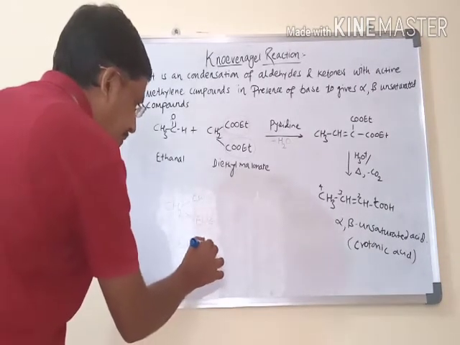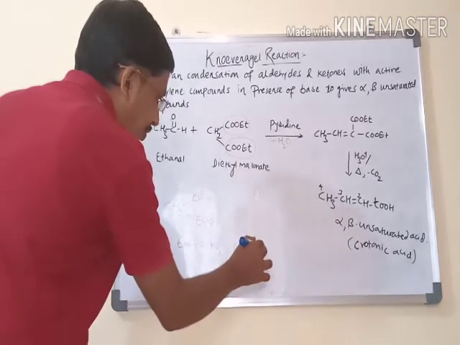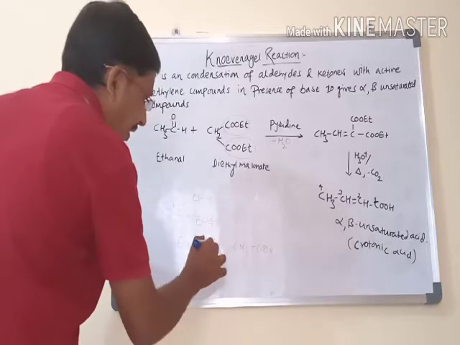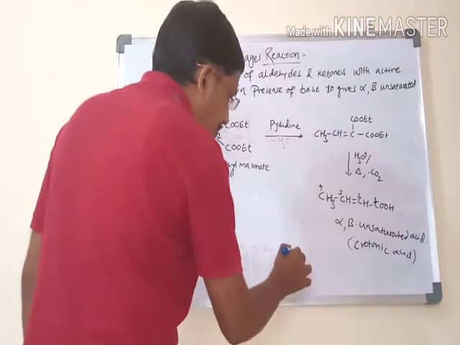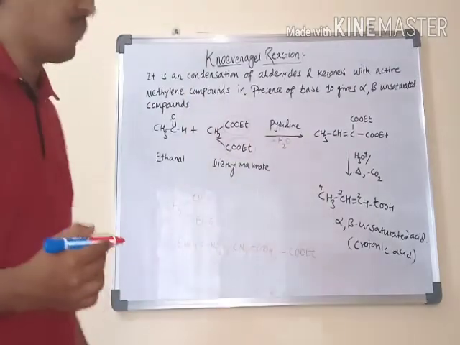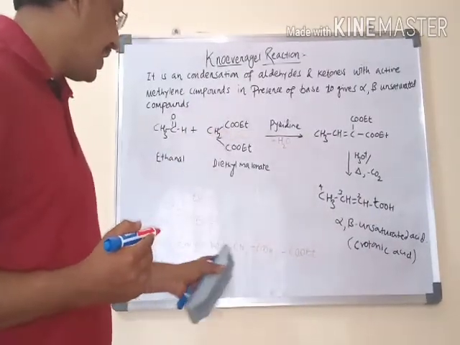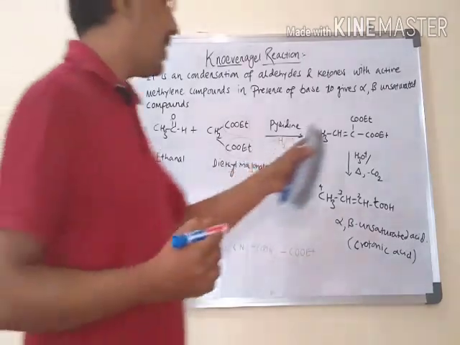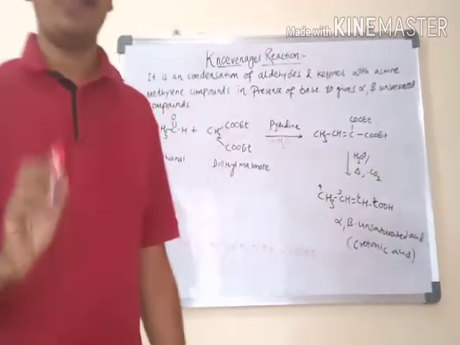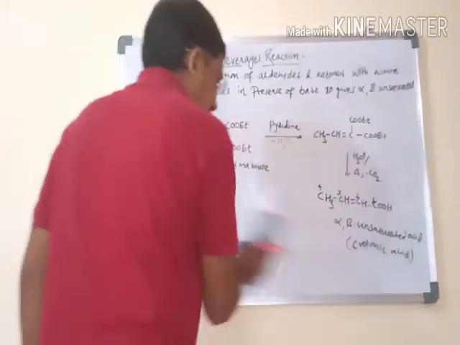You can take NO2 group, CN group, CHO group, then there is COOEt ester. All these are electron withdrawing groups. If you take instead of this ester any electron withdrawing group, then we will get this unsaturated compound. This is the reaction in general.